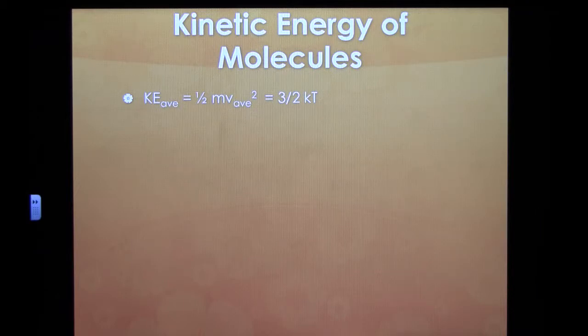But it can also be shown that the average kinetic energy of a gas can be calculated using the formula 3/2 kT, where k is Boltzmann's constant from before, and T is the absolute temperature. What does this mean?